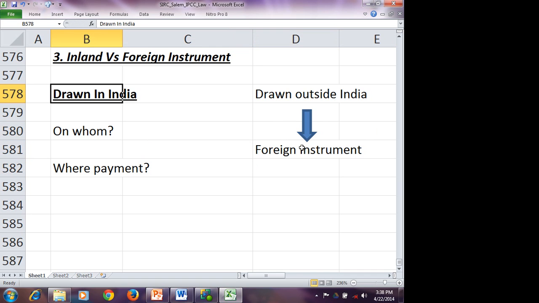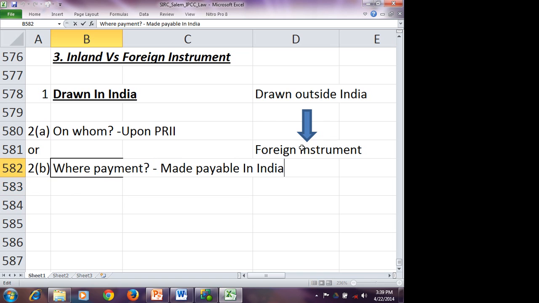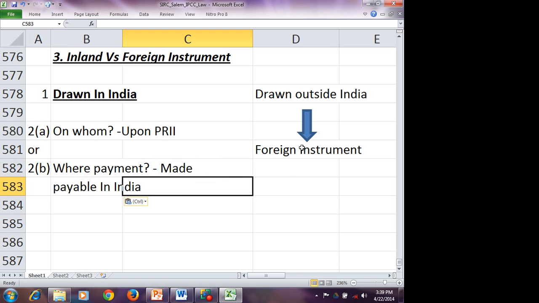But just because an instrument is drawn in India, it does not necessarily become an inland instrument. This is condition 1. In addition, it has to satisfy either of these two conditions. Either this or this. On whom, which means drawn in India upon a person resident in India, or where payment is made payable, say in India.